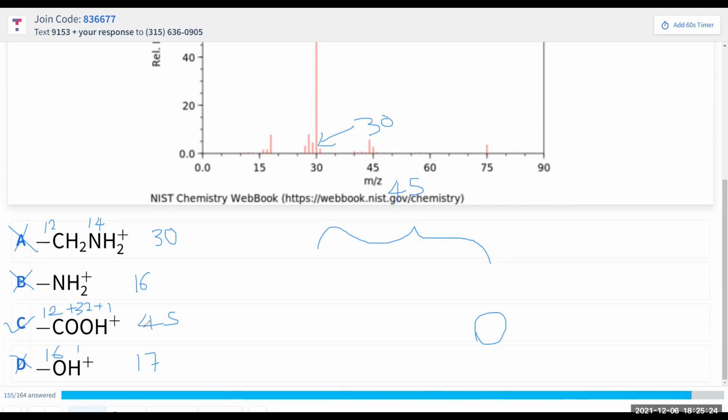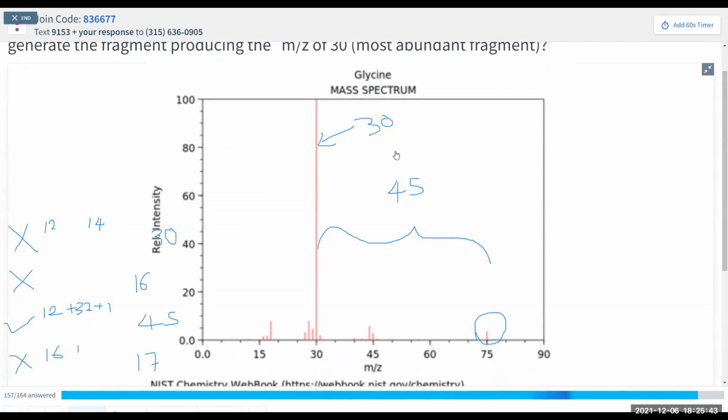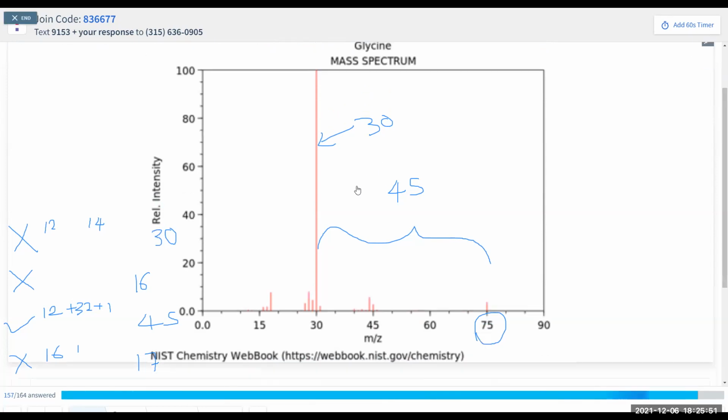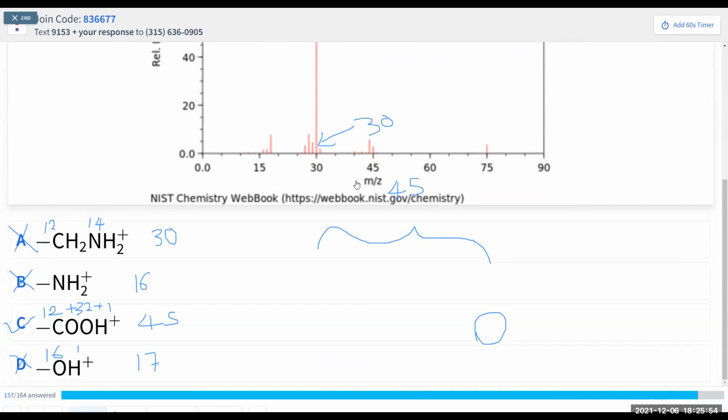What questions, concerns, comments do we have? If you are given a peak and asked to identify the fragment that corresponds to it, you just use that molar mass. For example, if the question asks for the fragment that corresponds to the mass peak at 30, what should your answer be out of A, B, C, and D?